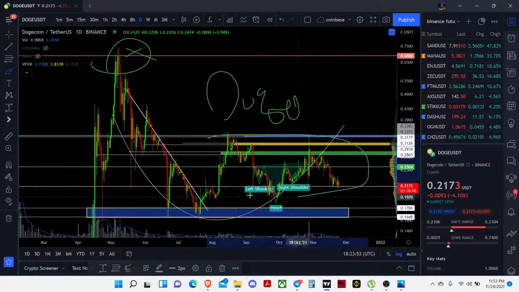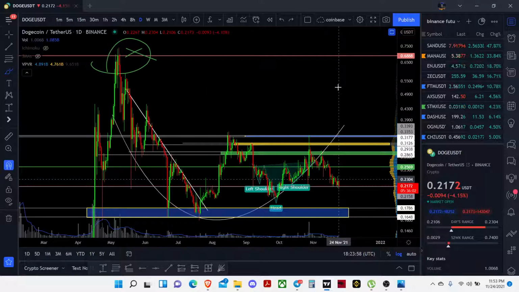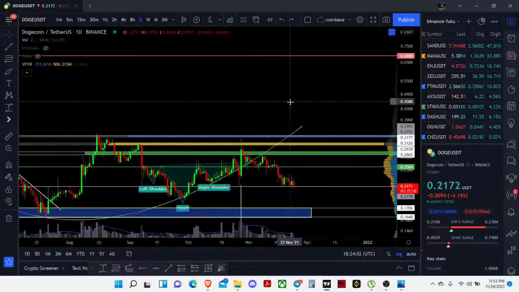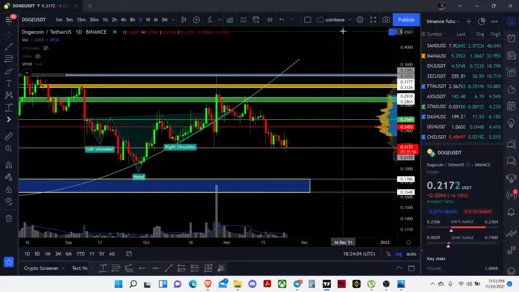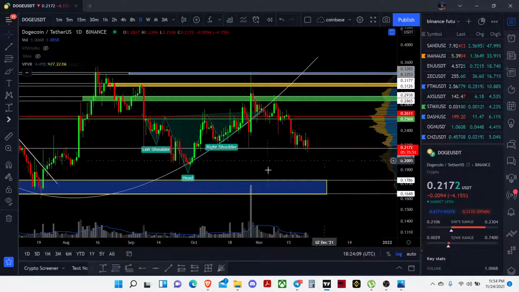Right now Doge is in the middle of the zone, so the VPVR is not that healthy. What is my POC? This is showing the POC for us.